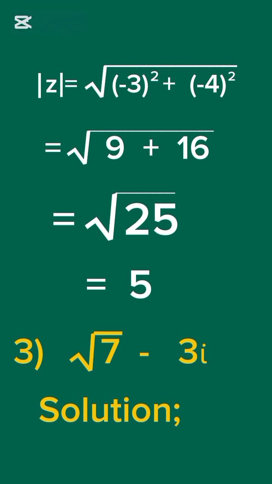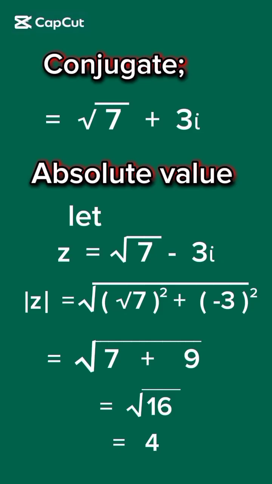Final answer. Conjugate is -3 plus 4 iota. Absolute value is 5. The third question is square root 7 minus 3 iota. Let's start the solution. We are given a complex number, square root of 7 minus 3 iota. First, understand its parts. The part square root of 7 is the real part.